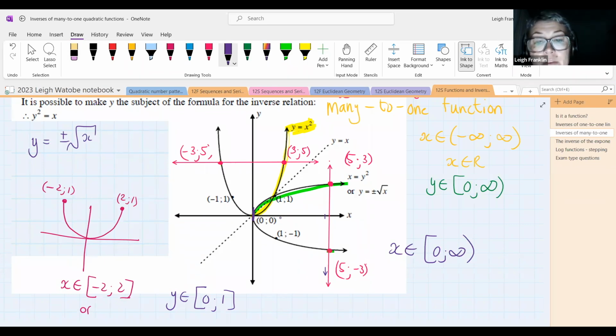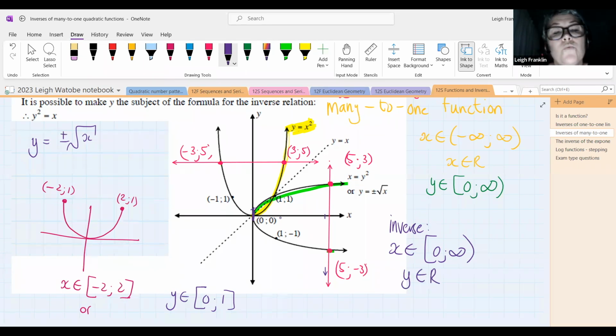This is now for the inverse. As far as y is concerned, my graph, left to right, it doesn't get any smaller than 0, but it keeps going on to positive infinity. Here I would say y is an element of the real numbers.